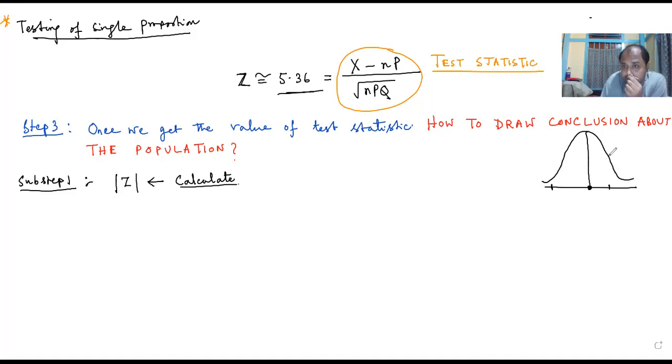Try to find out the positive part only, and you can put out your conclusion on the basis of the analysis of the positive part only. Okay, so we are interested in the positive value of Z. So this is one of the rules I'm talking about. So sub-step number 1 is, you have to calculate mod Z. And as you can see, in our case, mod Z is nothing but equal to the value of Z itself, which is 5.36.